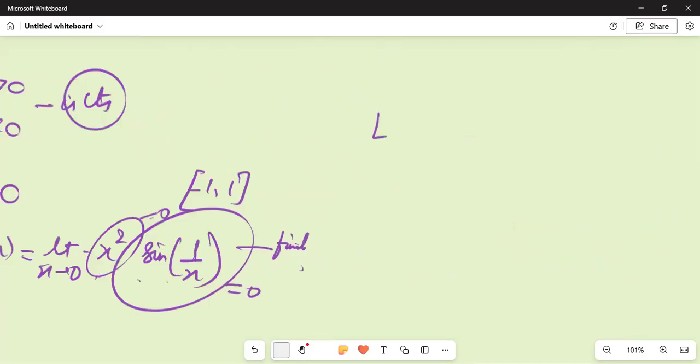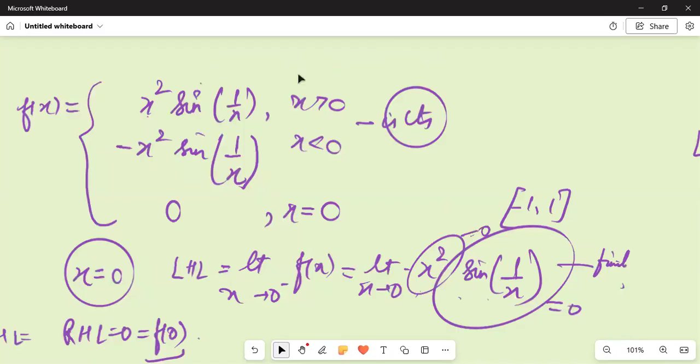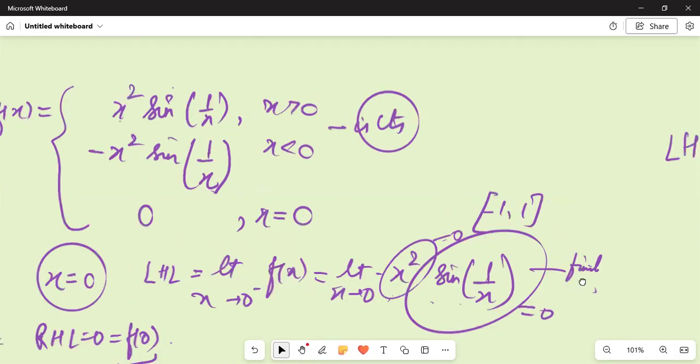For non-zero values, f is continuous, and since it is a product of continuous and differentiable functions when x is non-zero, it is differentiable. So the only point which is of concern is 0 again. At 0, we checked the continuity, and now at 0 we'll be checking the differentiability of this function.